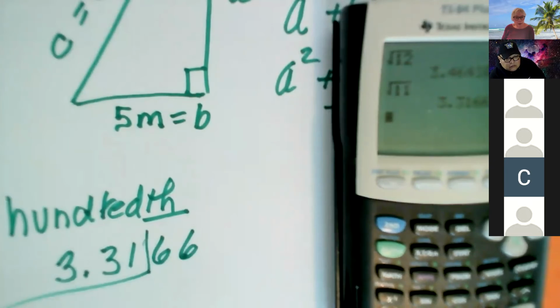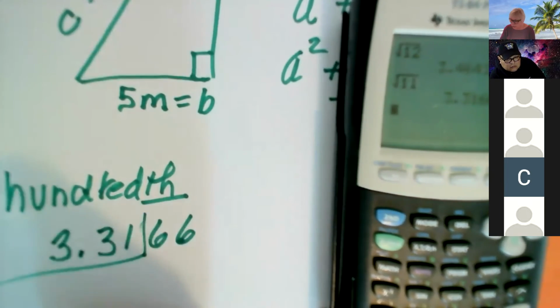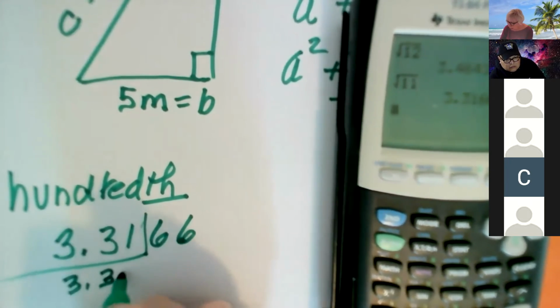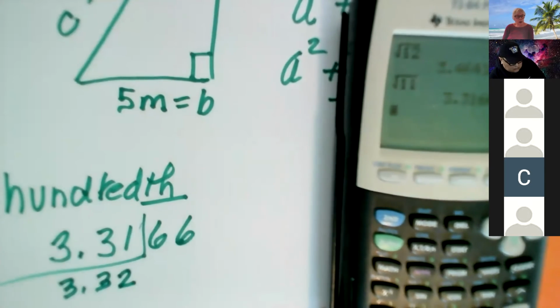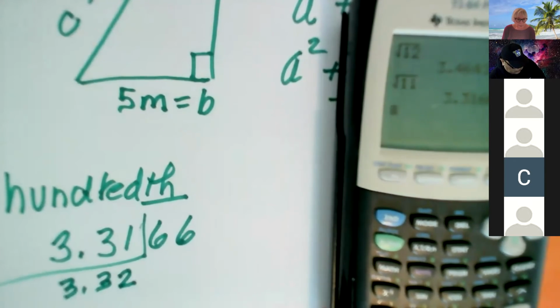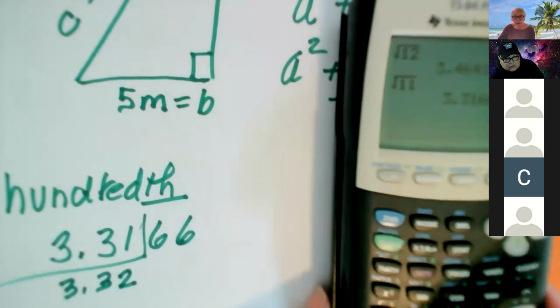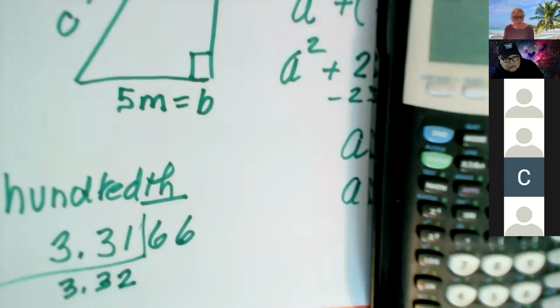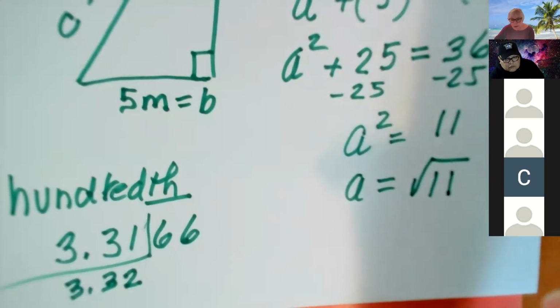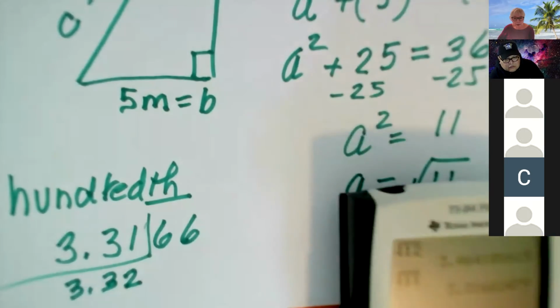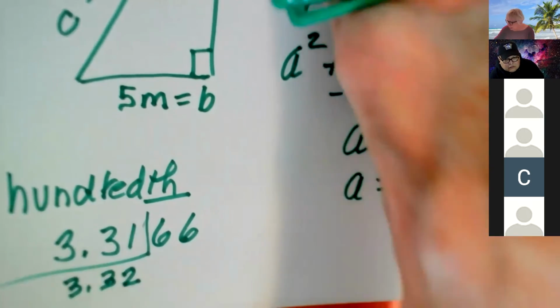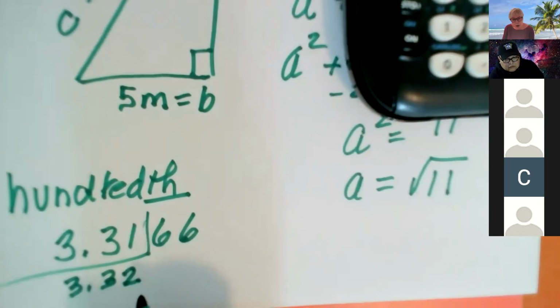I don't know if you like my little thing, it's just an invention I did: 3.32, because the 6 makes the 1 jump up 1. If it's not a perfect square, you're not going to be able to guess it without using some sort of technology. It just depends on if they want the answer: the square root of 11 is an exact answer, and this is approximate because it's been rounded, but just follow the instructions.